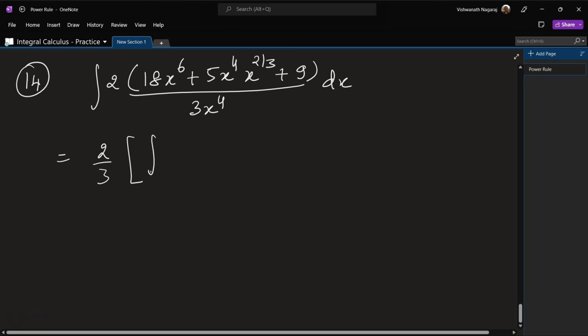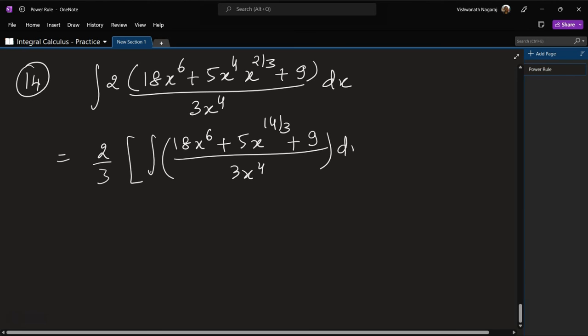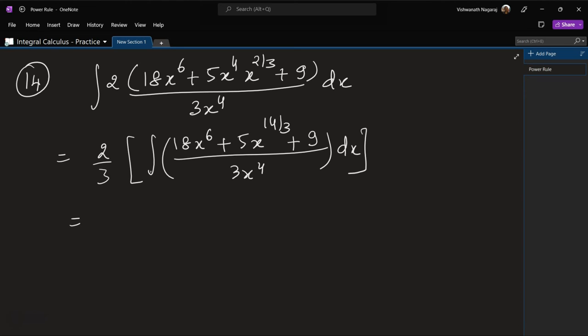Integral of 18x to the power of 6 plus 5x. Now here what happens? 4 plus 2 by 3. So 4 threes is 12, 12 plus 2, 14, 14 by 3, plus 9 divided by 3x to the power of 4 dx. Now, this 3 will not be there because we have taken it out.